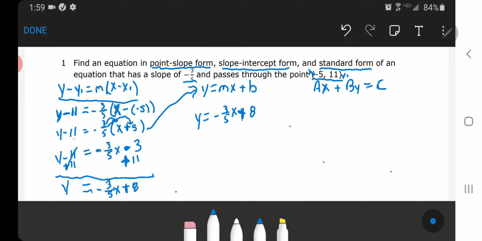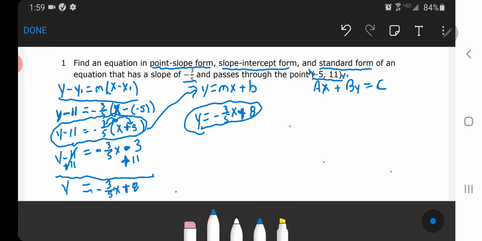Okay, so once again, to reiterate, we plugged in our point and our slope, and that's what we got for point slope form. We solved for y, and we got that for our slope-intercept form.